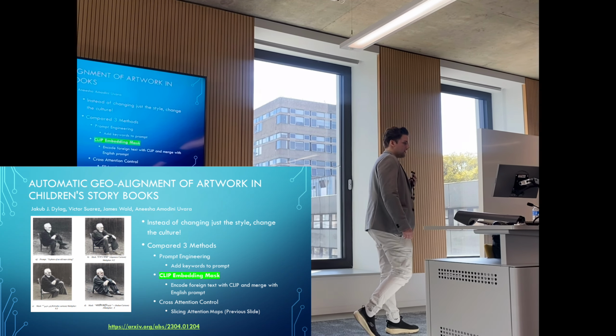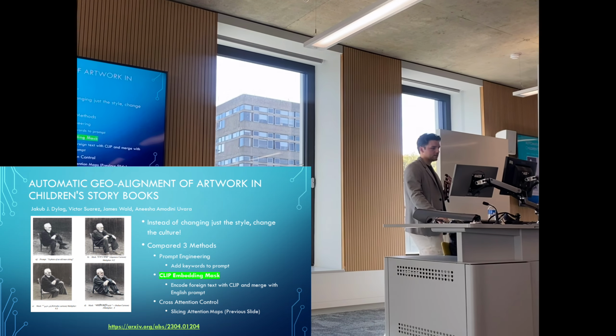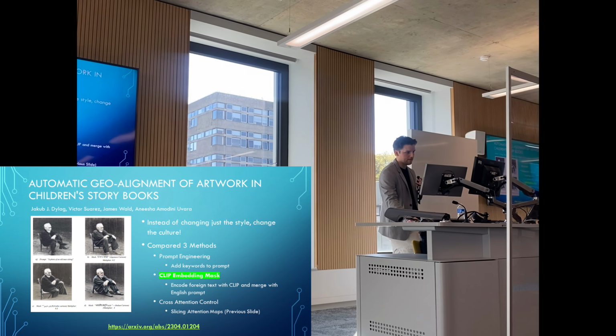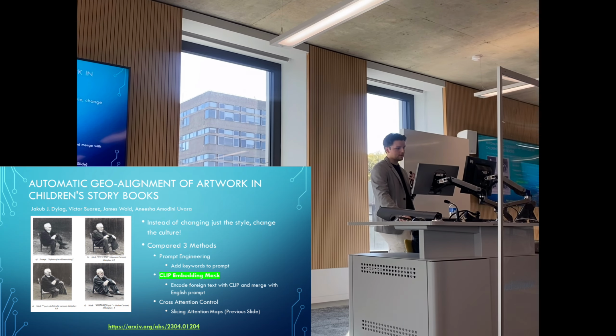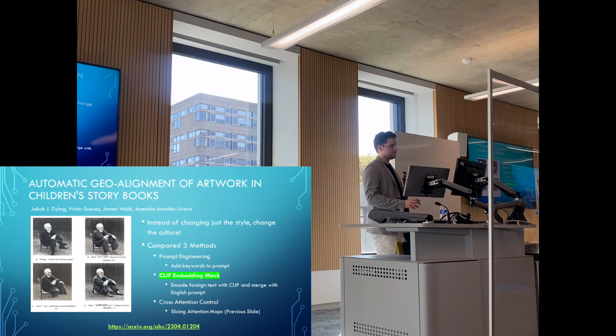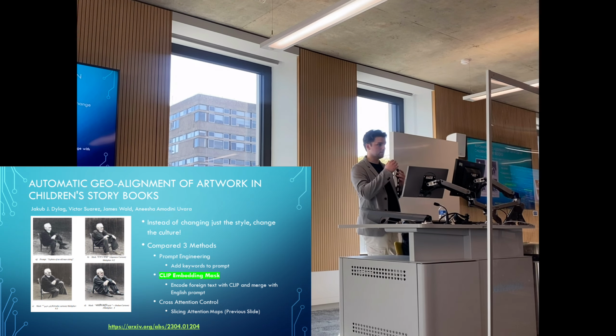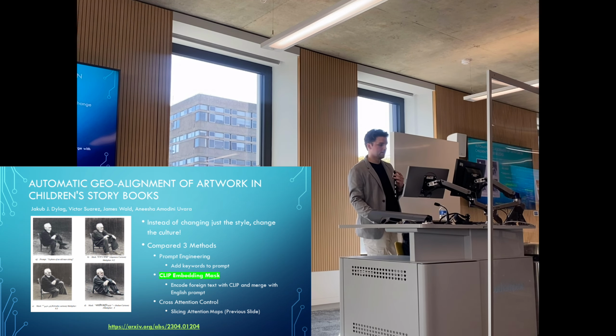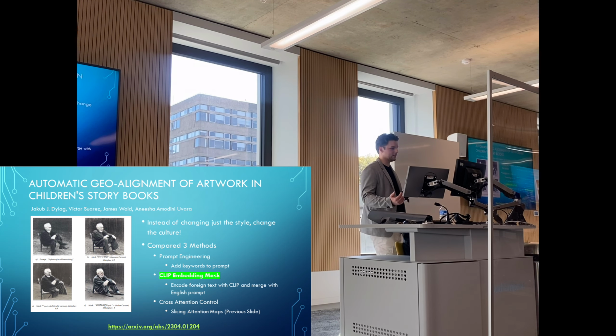And our CLIP embedding mask is a method that basically transforms our latent prompt before we give it to the model. So we give it the prompt, and we have this latent vector, this big matrix, and we combine that with the embedding of the word of the culture.